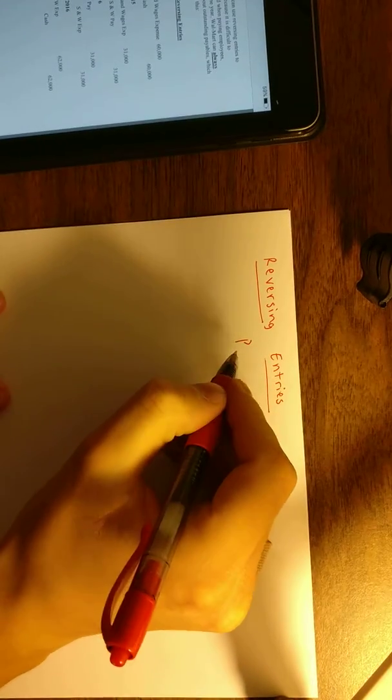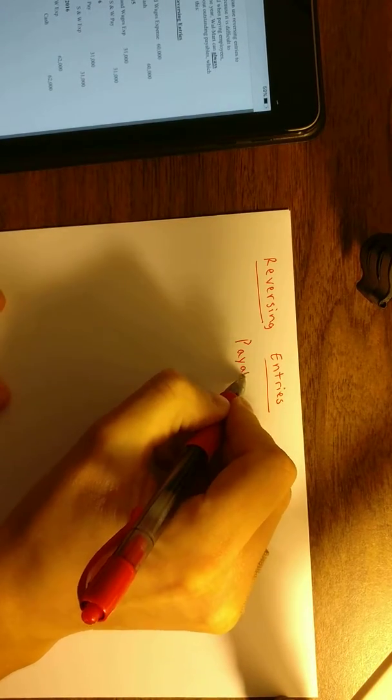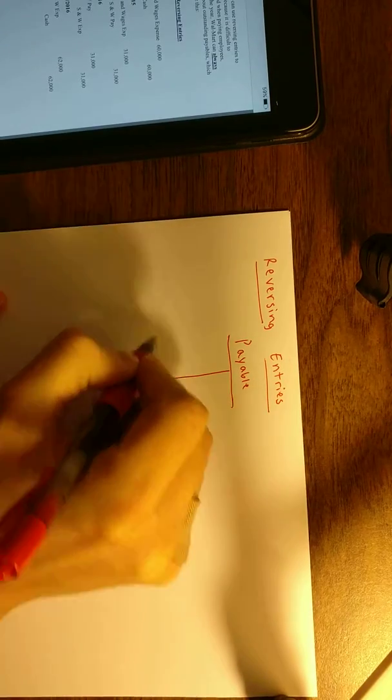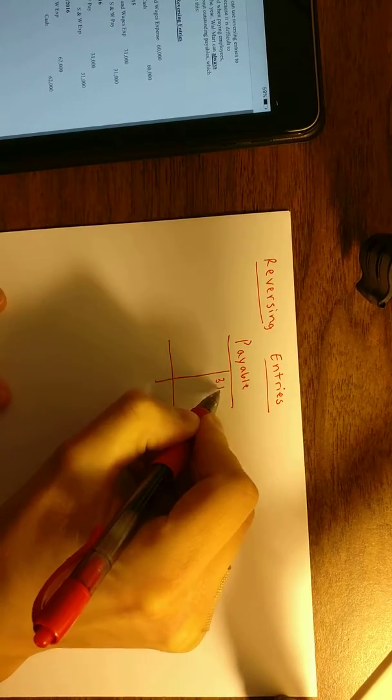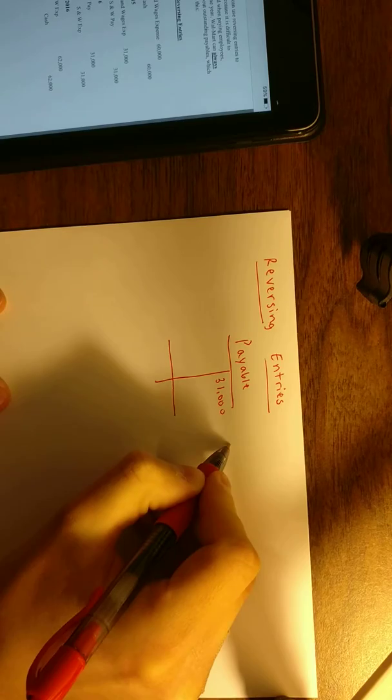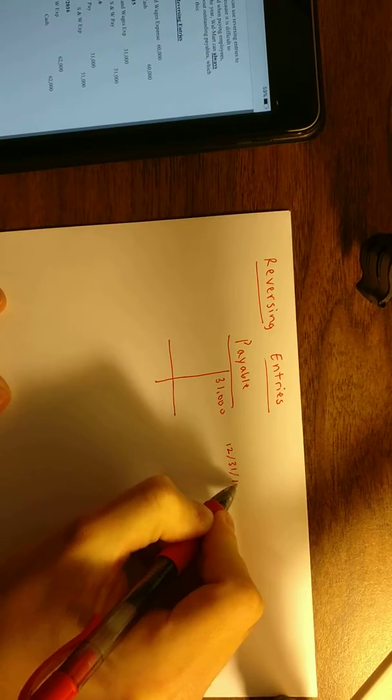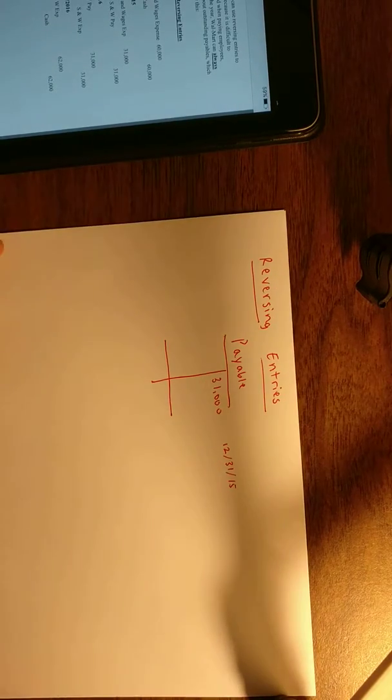So what I mean by that is that you would have this payable sitting on the books, right? Because we accrued this $31,000 as of 12/31 of 15, right? And so that is a permanent account that's sitting on the balance sheet.